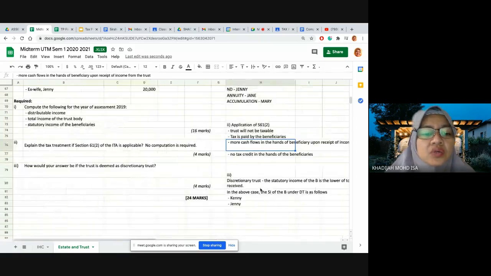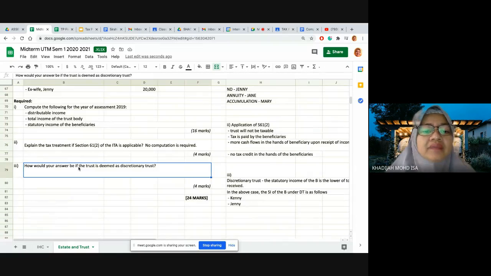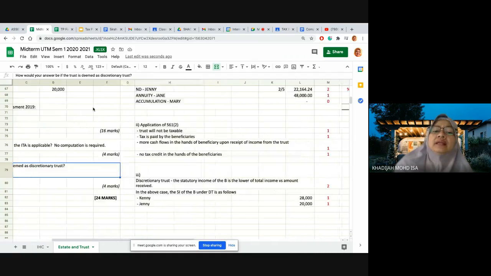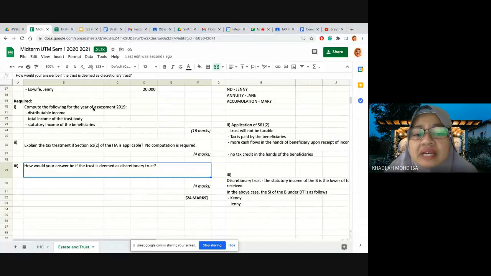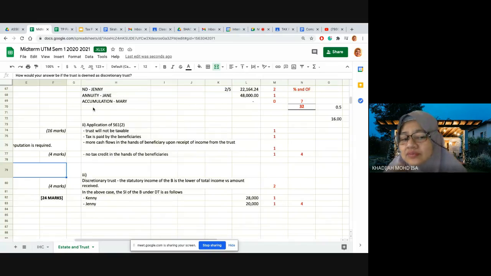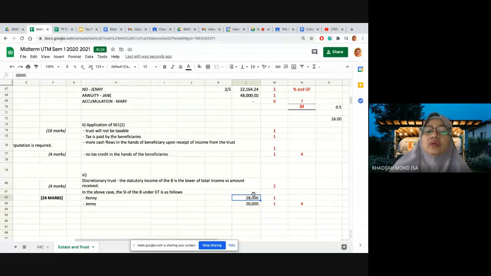Right, and the second question, how would your answer be if the trust is deemed a discretionary trust? If it is a discretionary trust, then you have to choose the lower of the total income and the amount received. So in that case, I don't ask for the computation, but still you can tell me that for Jenny and Kenny, if there is a discretionary trust, then you have to take the lower of.